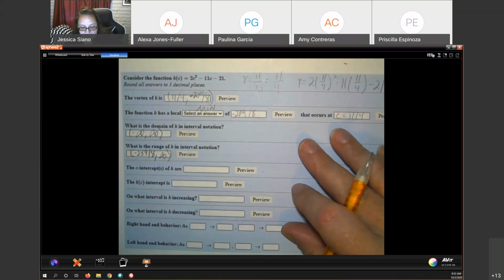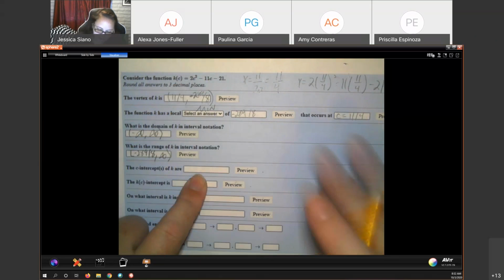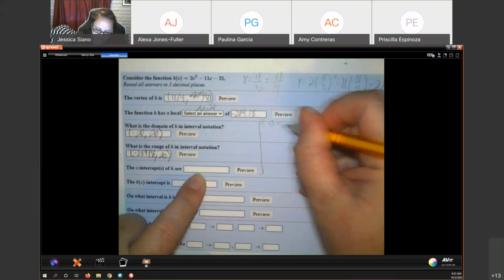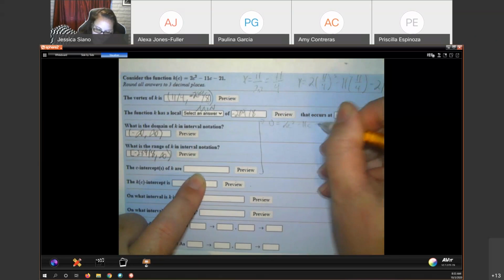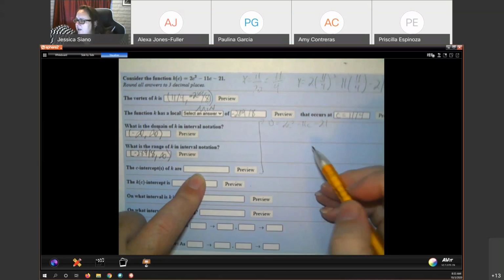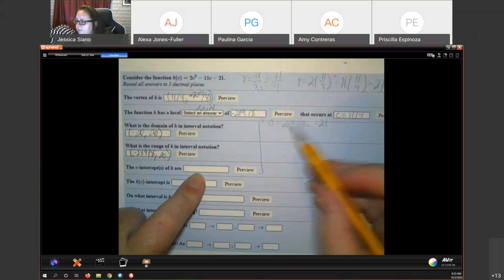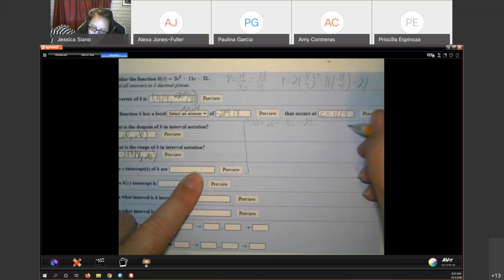Okay. To find the x-intercepts, you make y equal 0. So 0 equals 2c squared minus 11c minus 21. So I've got to solve this. Let's see if we can factor. 2 times -21 is -42.